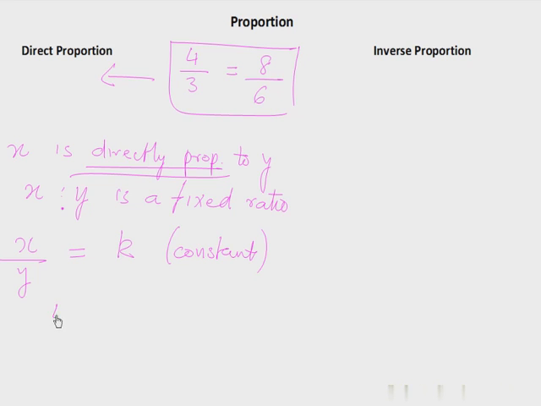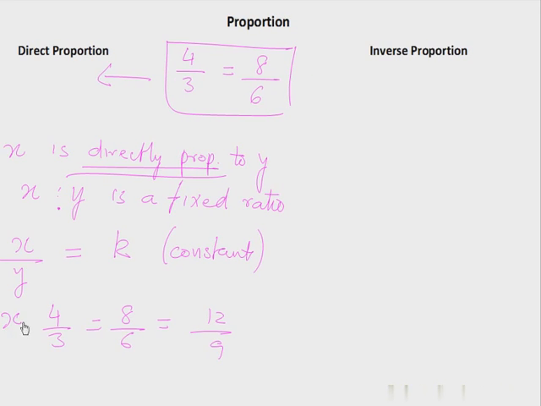Examples: 4 upon 3 equal to 8 upon 6 equal to 12 over 9, etc. If X is the numerator, then Y will be the denominator value in each of these cases. As X goes up or down, Y also goes up and down in the same proportion.